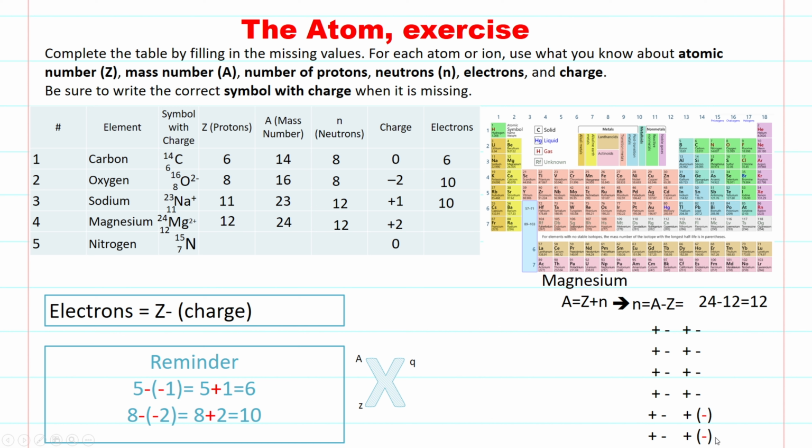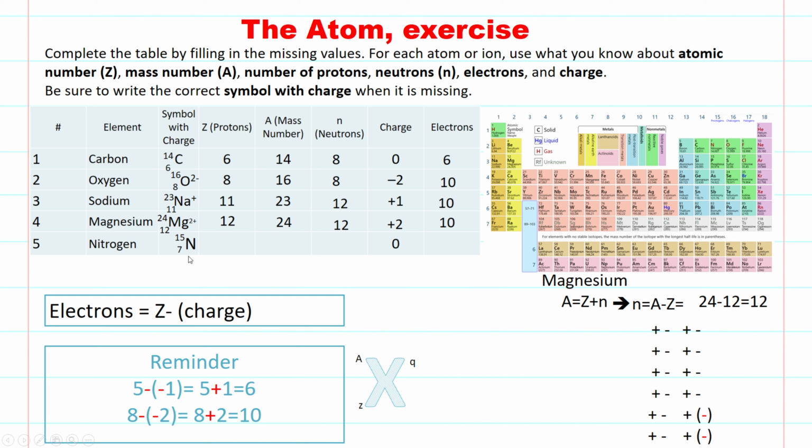Now we have the charge of 2 plus, which means it lost 2 electrons. And let's count how many electrons we have. 1, 2, 3, 4, 5, 6, 7, 8, 9, and 10. 10 electrons.